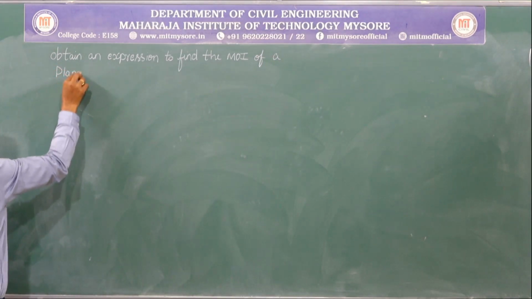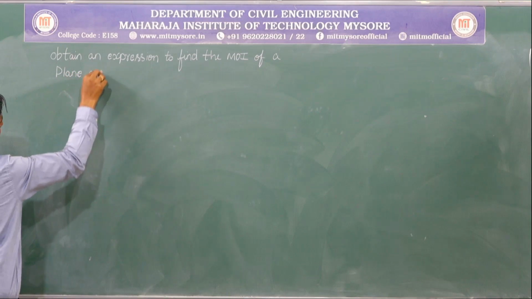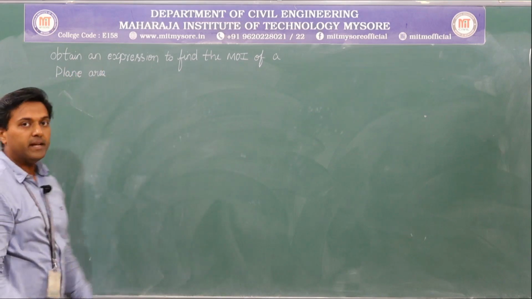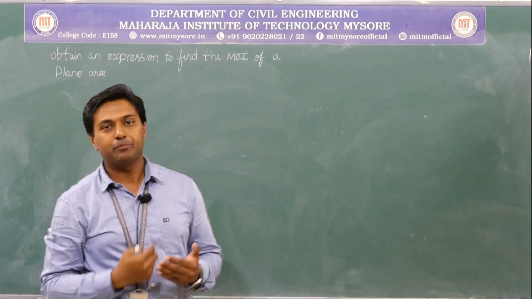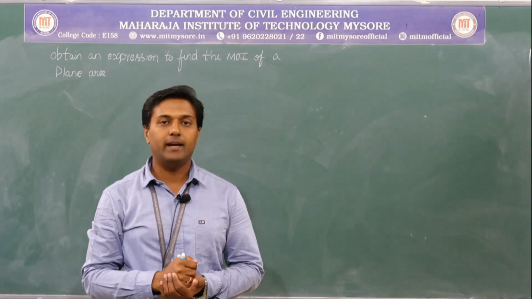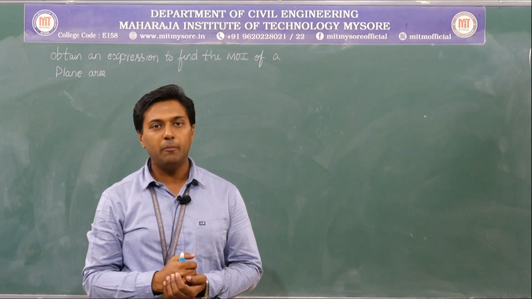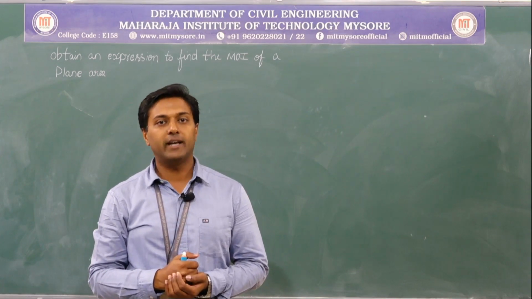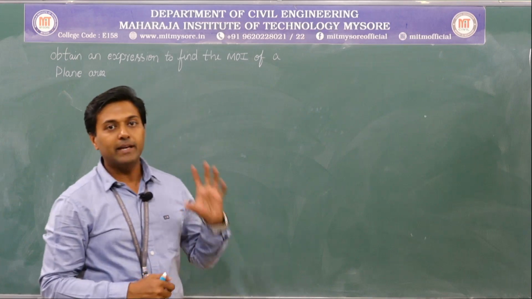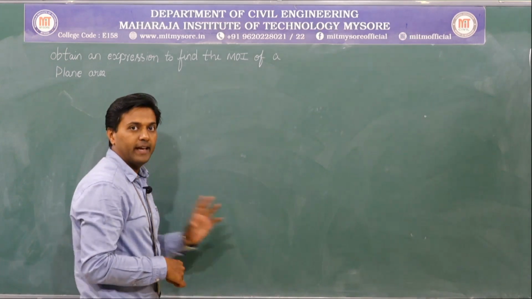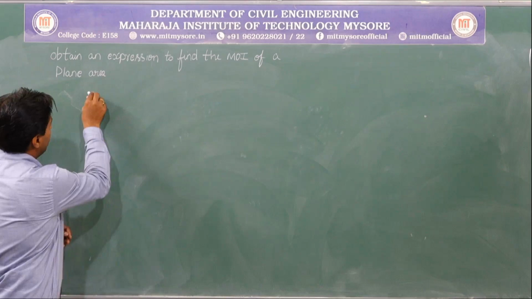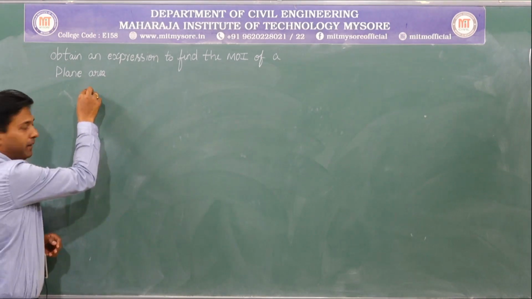So let me consider any plane area and let us try to find out an expression to calculate the moment of inertia. So for that, what I will be doing is I will be considering an object in the xy plane.